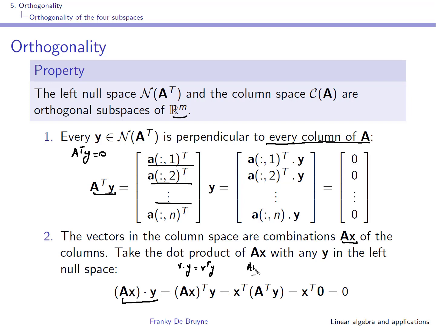We know that (AB) transpose is B transpose A transpose. By now you should know all these things, so you obtain this expression here, and y is in the left null space, so this is here 0. Okay, so we have just proven that any vector that is in the column space is perpendicular to any vector that is in the left null space, or that the left null space and the column space are perpendicular.